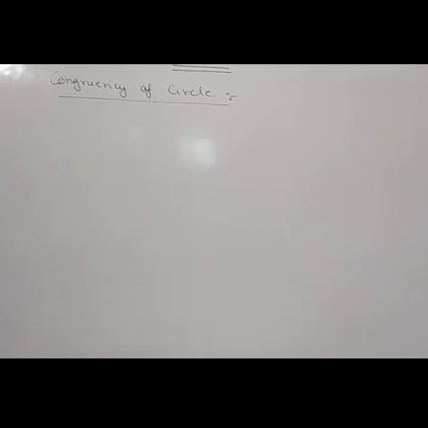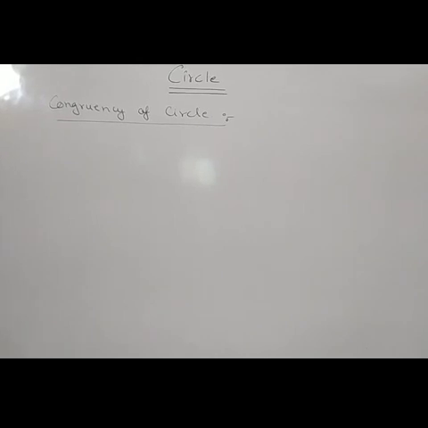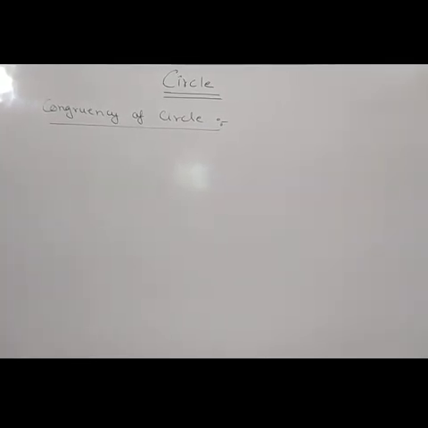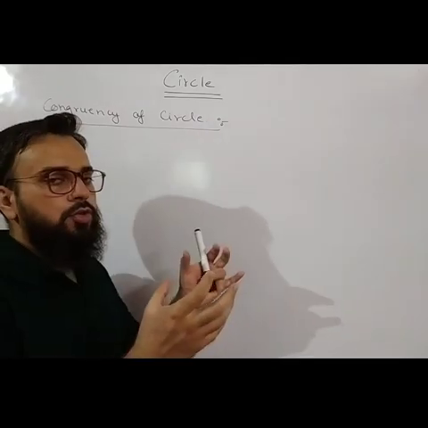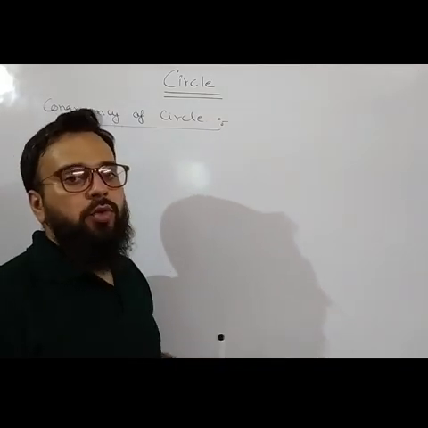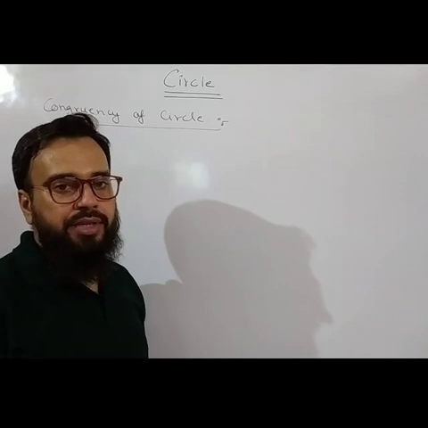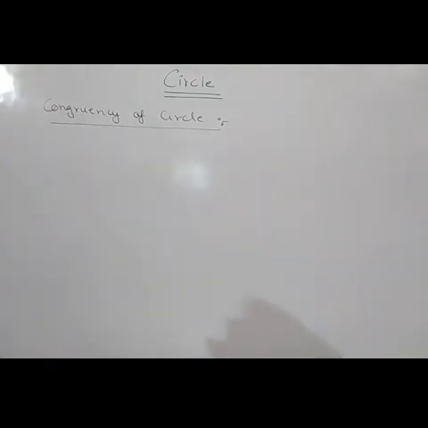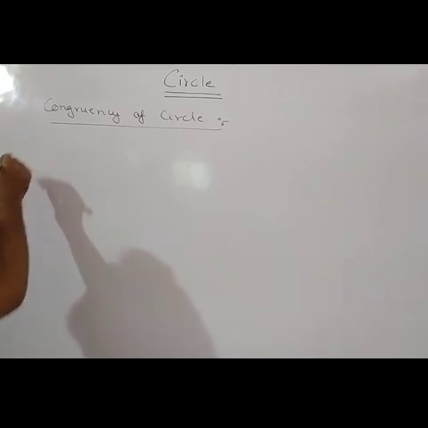So when will you say that two circles are congruent? What is the basic definition of congruency? If two figures superimpose on each other, then those two figures will be known as congruent figures. Similarly in the case of circle, two circles will be known as congruent circles if they superimpose on each other.